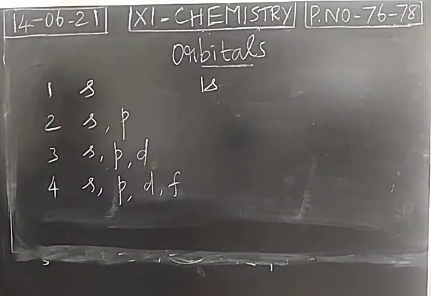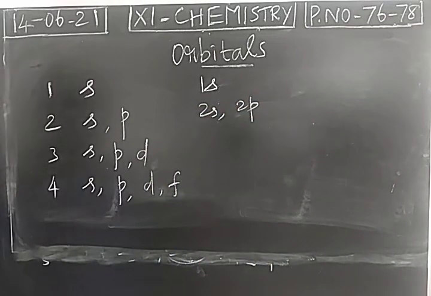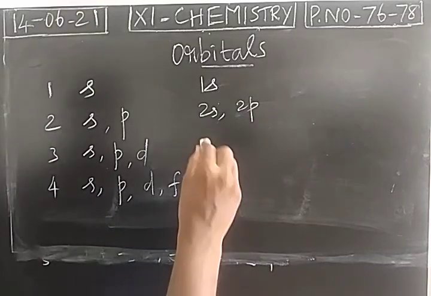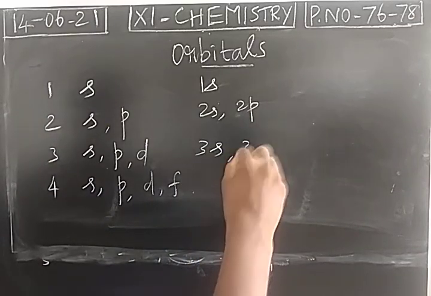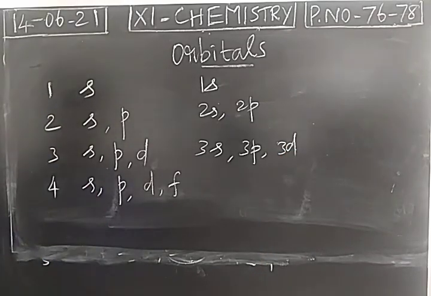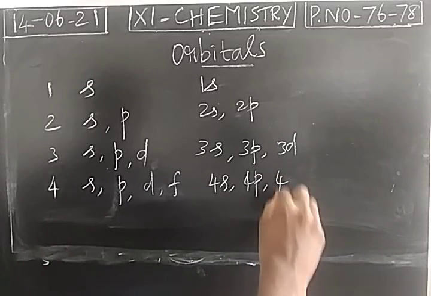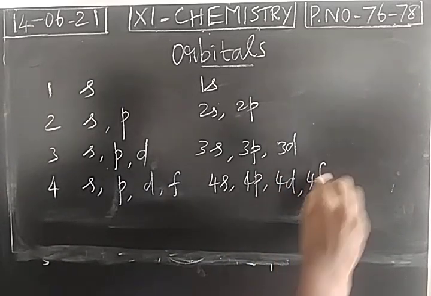The second shell, L shell, has two types of orbitals, s and p. They can be denoted as the 2s orbital and 2p orbital. The third shell has three types of orbitals, denoted as 3s, 3p and 3d. From the fourth shell onwards, four types of orbitals are present in the shells. They are denoted as 4s, 4p, 4d, 4f.